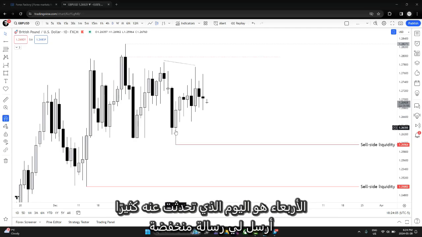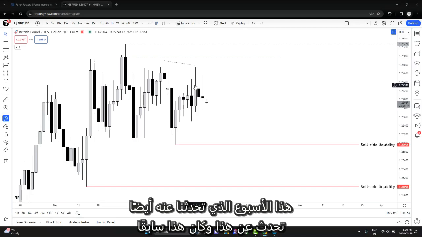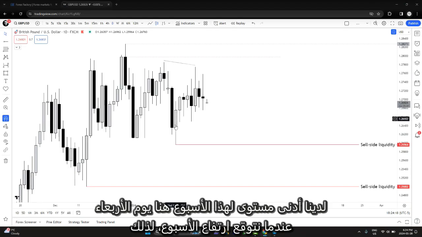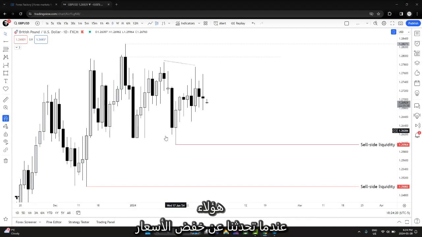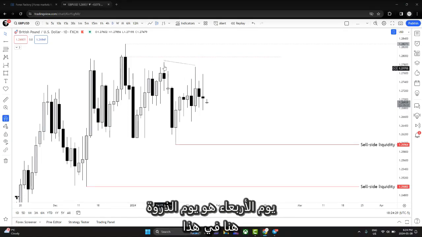So price made a low of the week during this week, which we were talking about. And this was previous to this week, which we also talked about when we expect the high of the week. So we have the low of the week here, Wednesday, when we talked about price taking out these lows. And then we had price rallying into this rejection block right here, into this wick, Wednesday, making the high of the week.